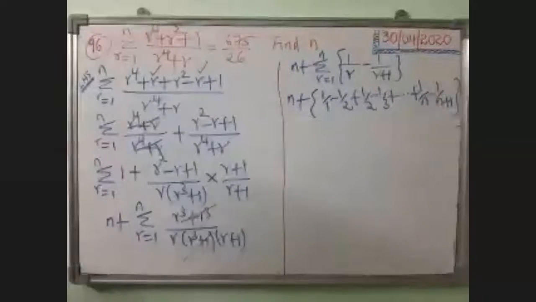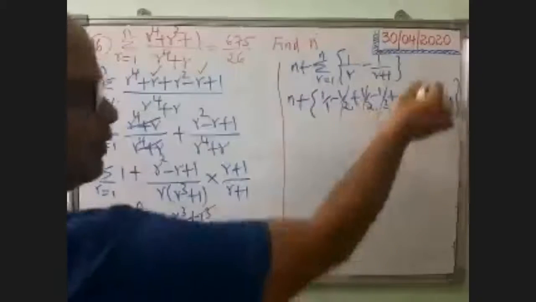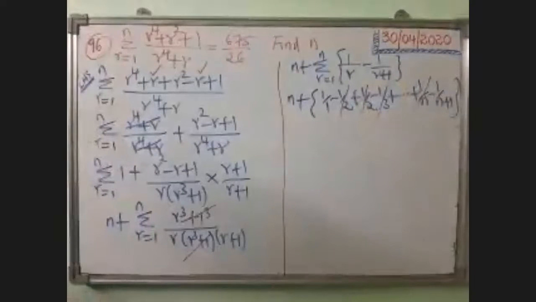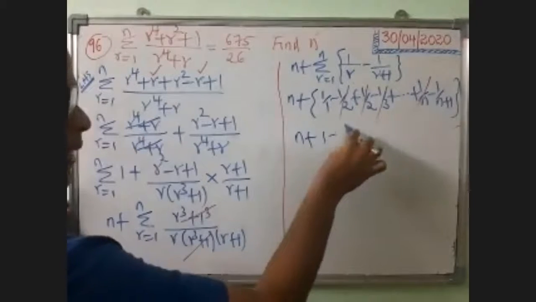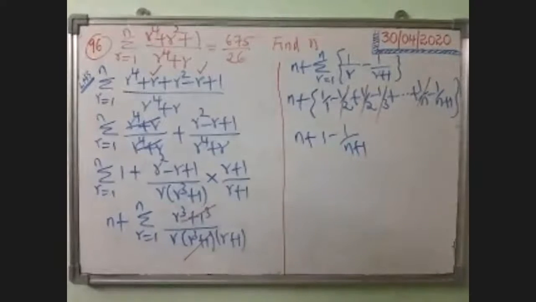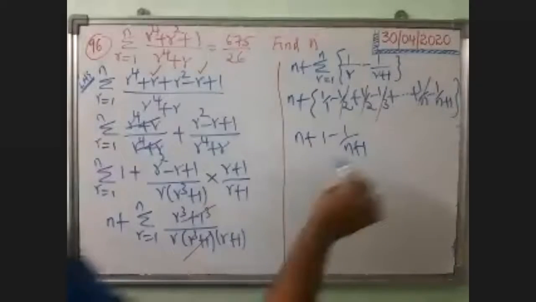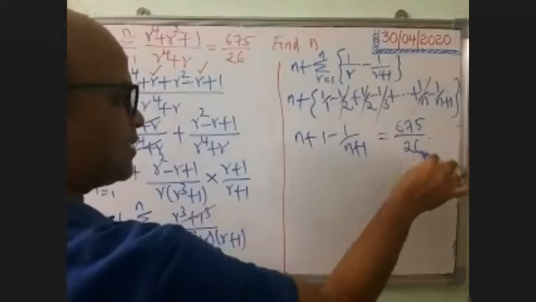If you see this, all the middle terms get cancelled. Minus 1 by 2 plus 1 by 2 up to 1 by n get cancelled. So what is remaining is n plus 1 minus 1 by n plus 1. This value he gave as 675 by 26.